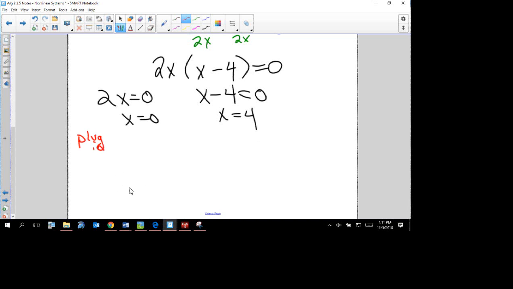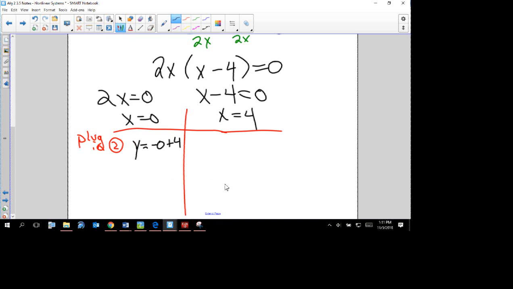and I'm choosing, just for fun, to plug in equation 2. It looks like an easier one for me to plug in, and I'll just check in equation 1. So equation 2 is y equals negative x plus 4.